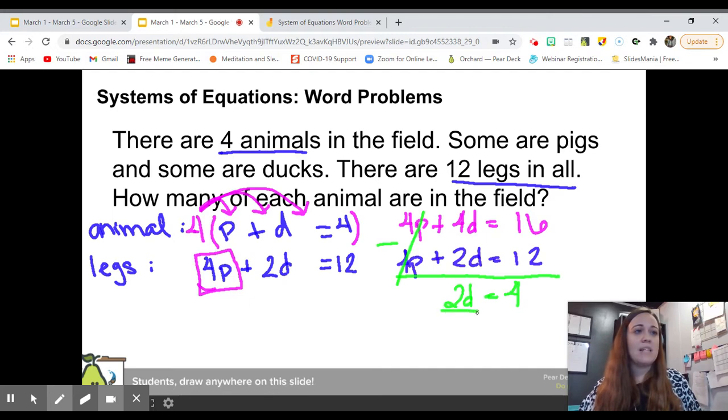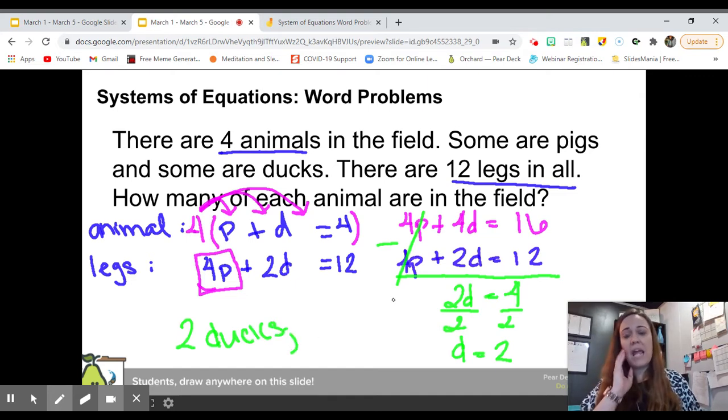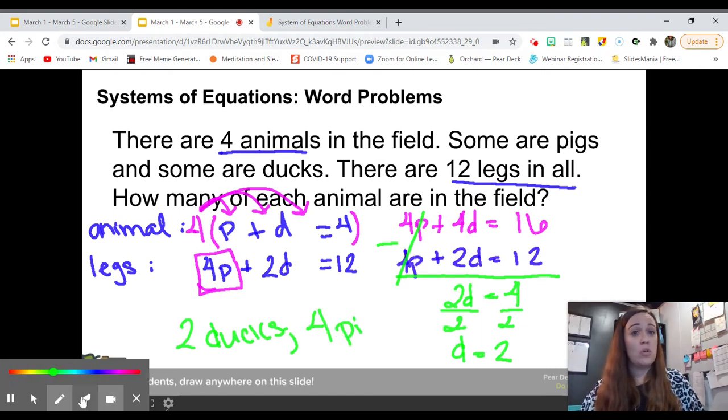As I divide by 2 on each side, D is equal to 2. So there were 2 ducks. Okay, and we had a total of 4 animals. So that means that there also have to be 2 pigs, because 2 plus 2 is equal to 4.